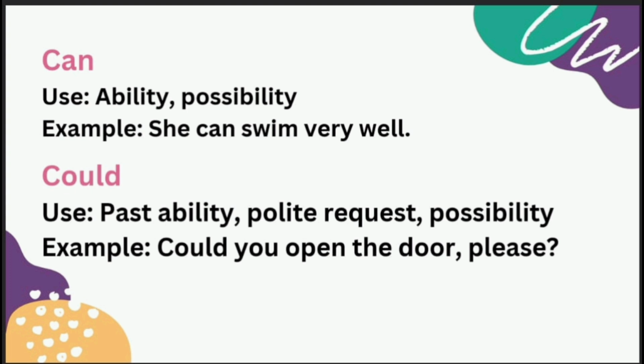So to make a sentence to express ability or possibility, we have to use can. Could. We use could to talk about past ability, possibility, and to make a polite request. Example, could you open the door, please? It is showing a polite request. You are requesting to open the door.